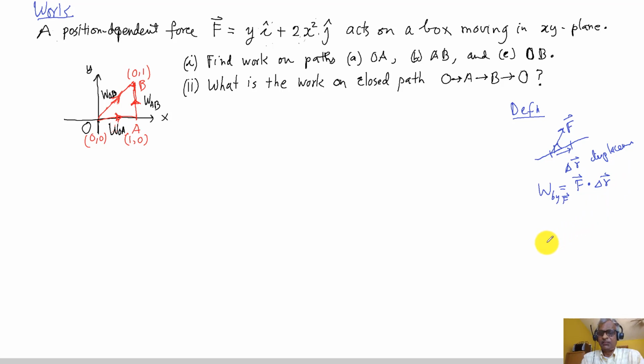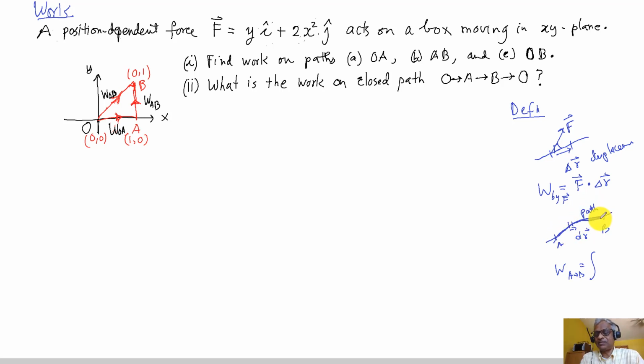And if it's going from point A to some point B, this has to be done infinitesimally. So W from A to B is the integral on this path. There's some way to describe this path.